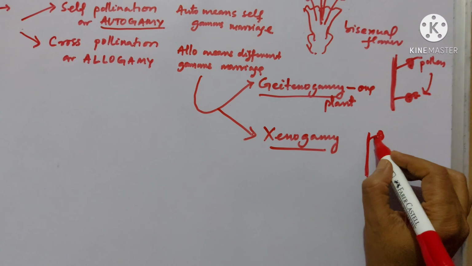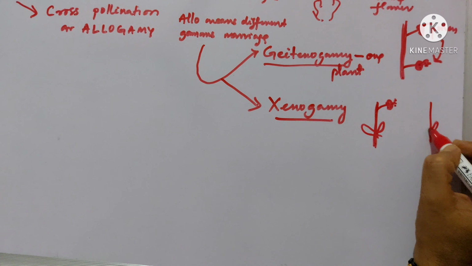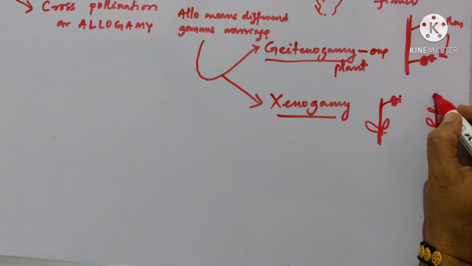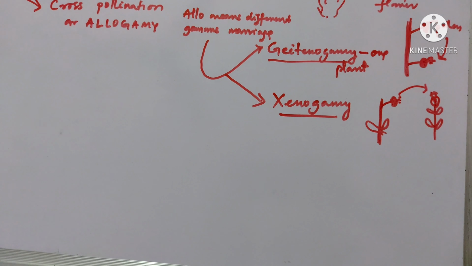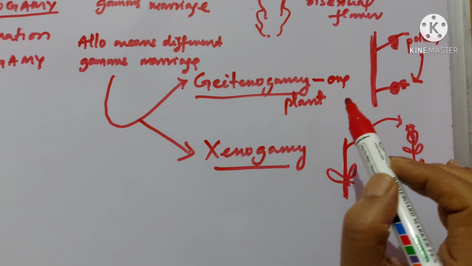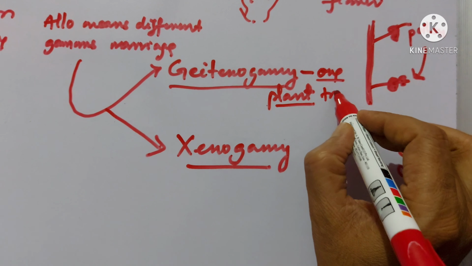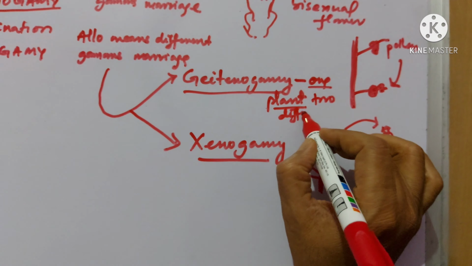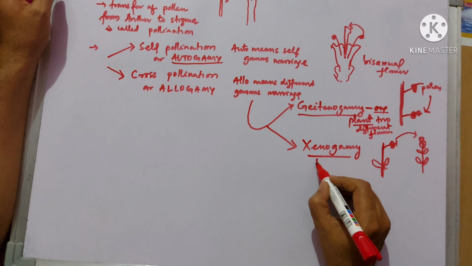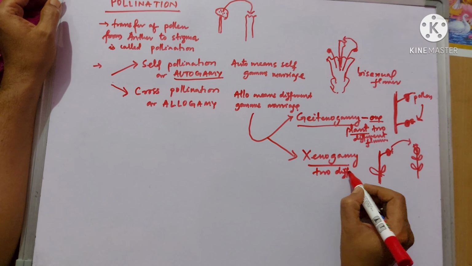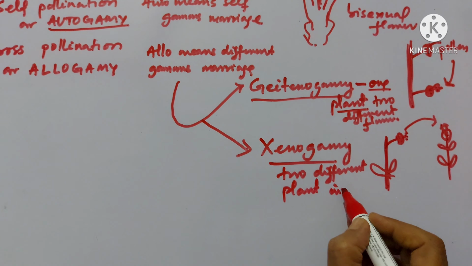Here the pollen of this flower falls on the stigma of flowers of a different plant. So this is xenogamy. In geitonogamy, one plant is involved but two different flowers. But in xenogamy, two different plants are involved.